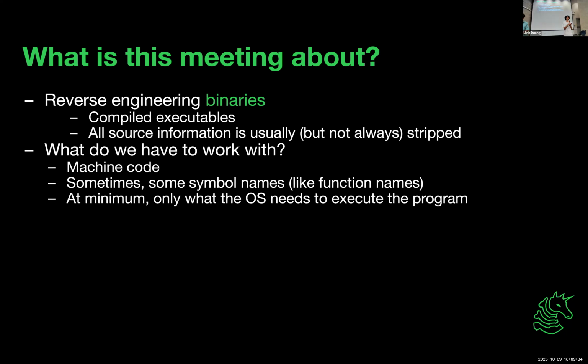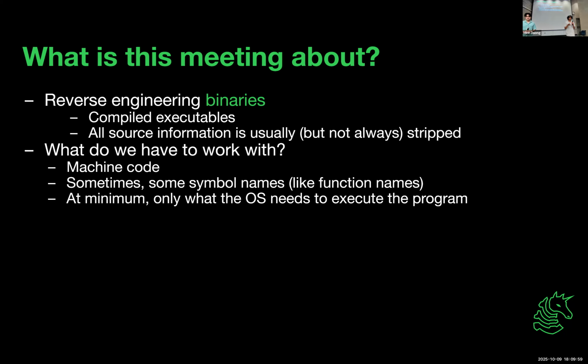So what do we have to work with when we find these kinds of files? We have machine code. That's obviously all those numbers that the computer sees. And then we have symbol names. So in assembly files, you can have labels that point to different areas of the file.